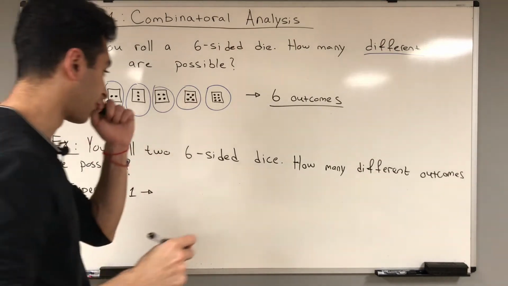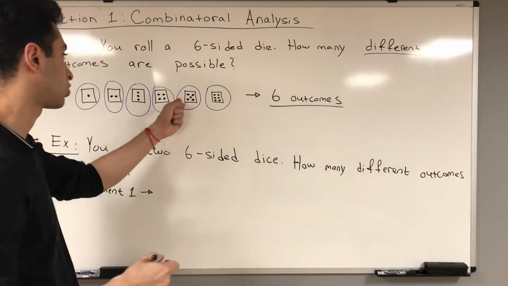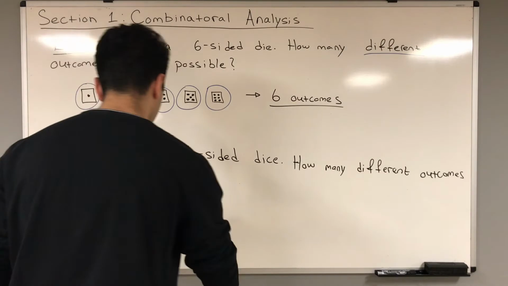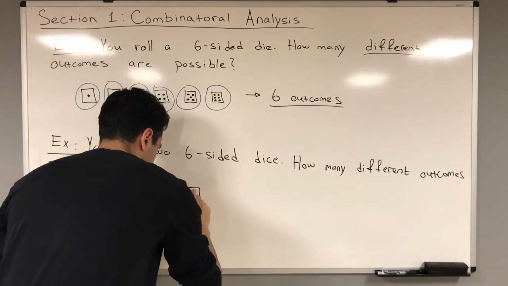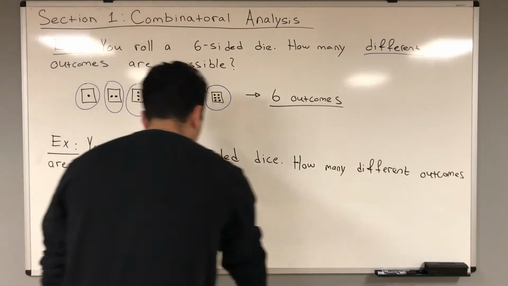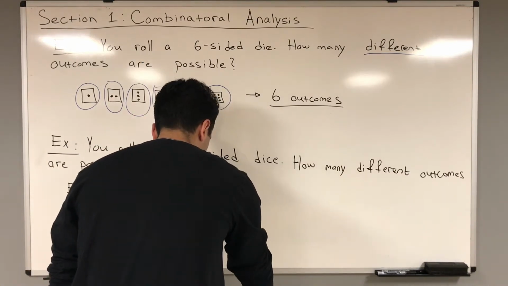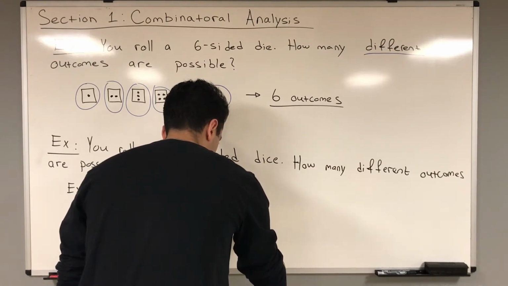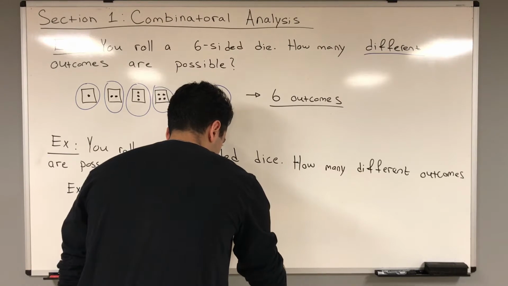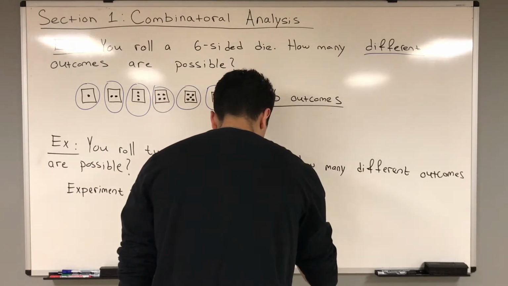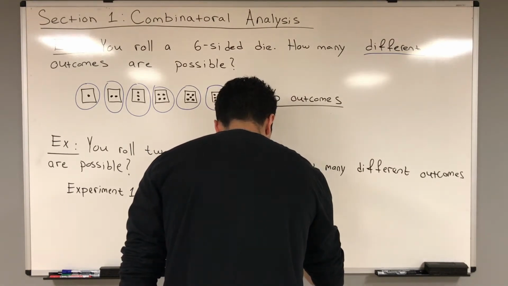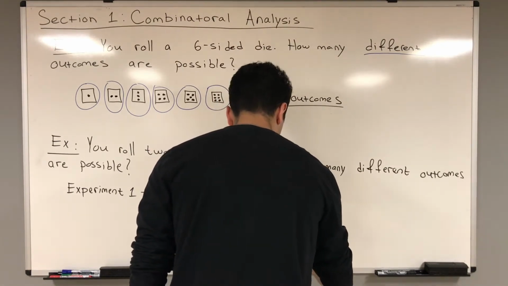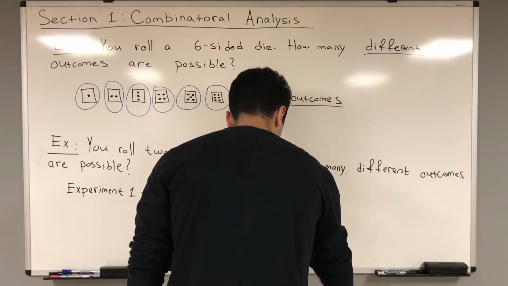is we roll the first six-sided die, and I'm going to draw the faces again just so we can see it. So 1, 2, 3, 4, 5, and 6.